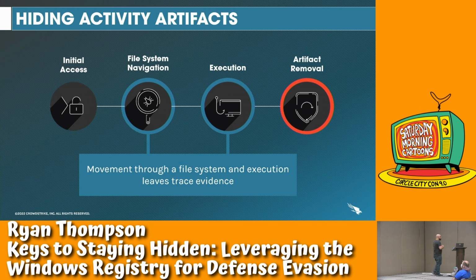Now, this is going to cause a lot of digital footprints, I guess is the best way to put that. And if you spend any time in the forensics world, you know that every click you're making, everything that you're doing in the Windows environment is being tracked, usually by the registry. And so we have some of our more advanced adversaries actually removing those artifacts. So that's what we're going to take a look at.